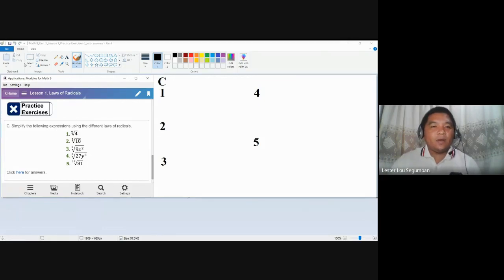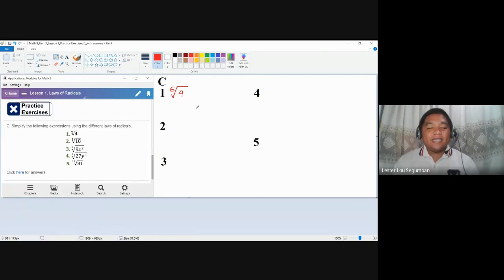Let us use number 1. For number 1, we have the sixth root of 4. Of course, 4 is not a perfect sixth number. A perfect sixth number is the result when we multiply a number by itself 6 times. The first perfect sixth number is 1, because 1 times 1 times 1 times 1 times 1 times 1 is 1.